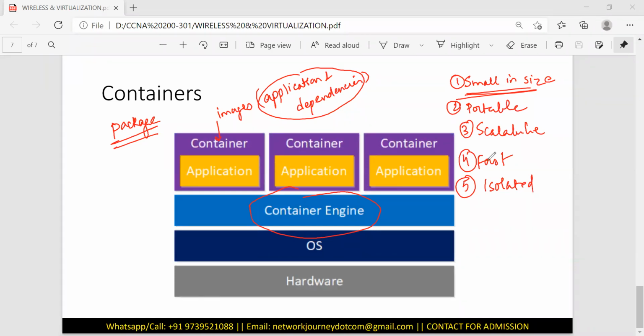One more feature we have is immutability. Immutability means that these container images are created using a container file. A common example of a container is Docker.